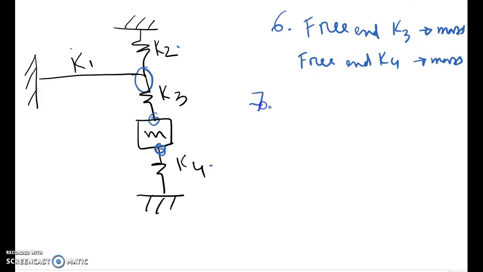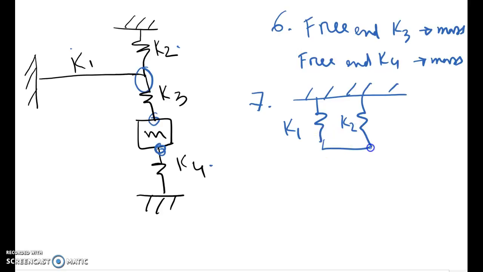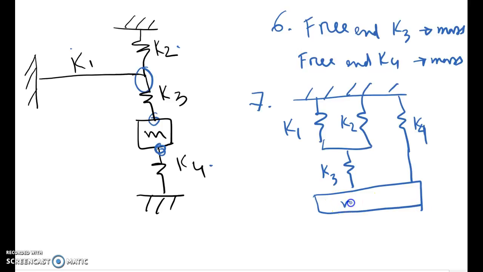In step 7, attach the mass. So we draw the diagram where K1 and K2 were connected to K3, and this is K4, and K4 and K3 are connected to mass. Alright, so we get the free body diagram of the given system.